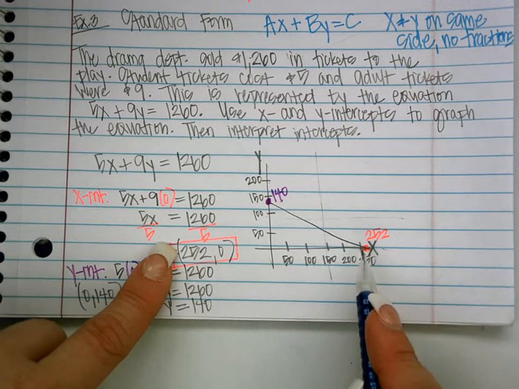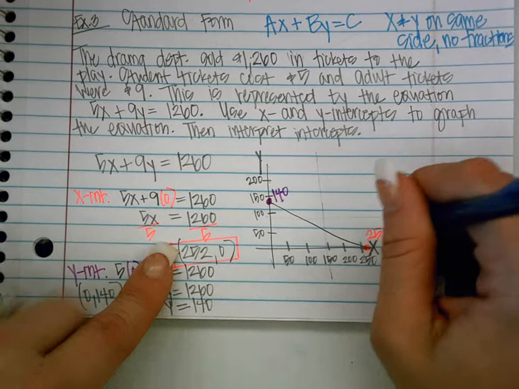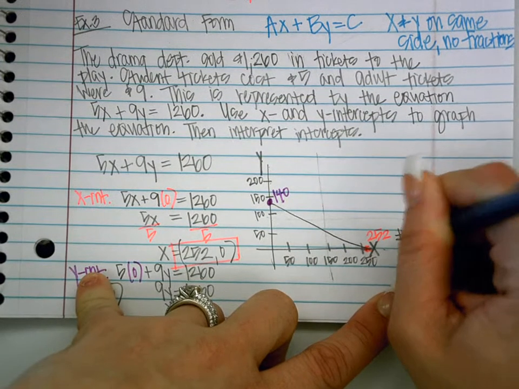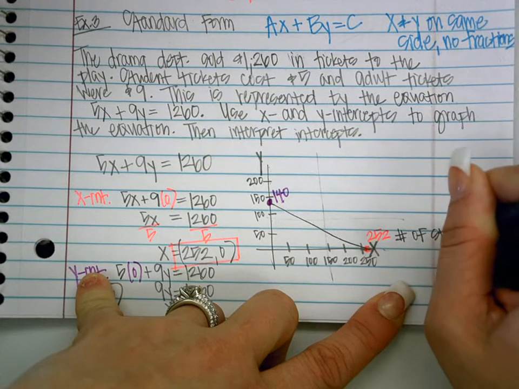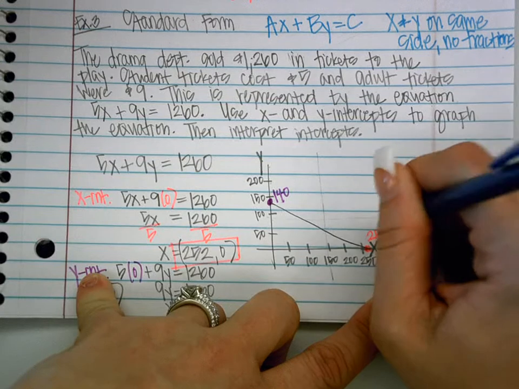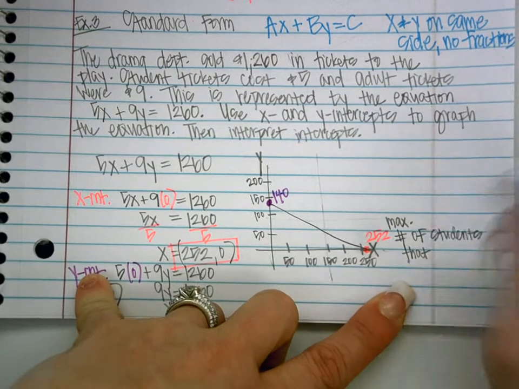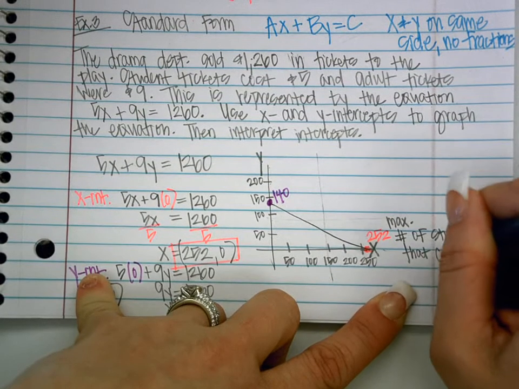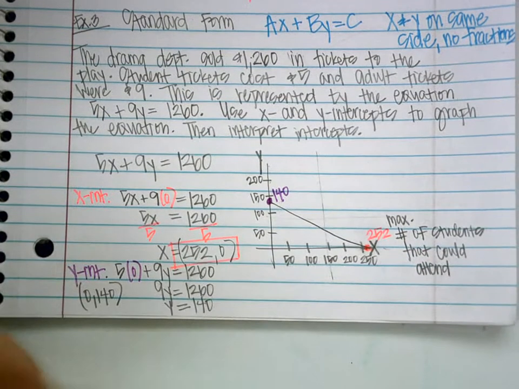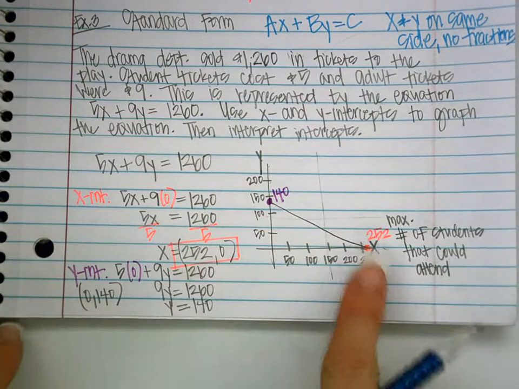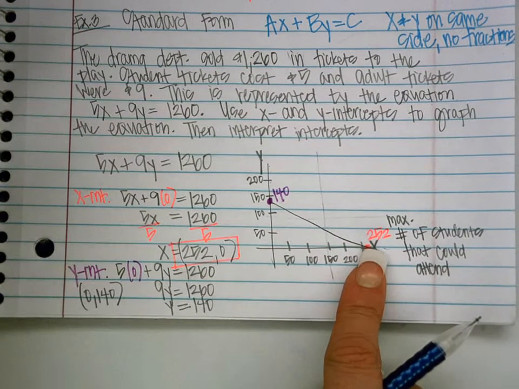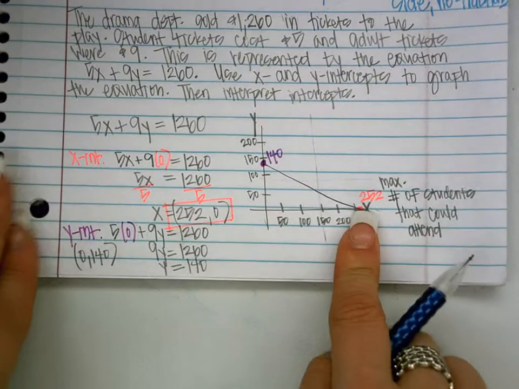So what this tells you is 252 is the maximum number of students that could attend. If they only sold student tickets and still made that much money, that would have meant there were 252 students there. That would be the maximum number of students that could have attended.